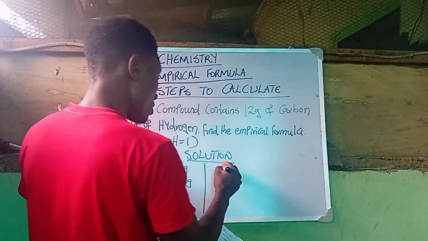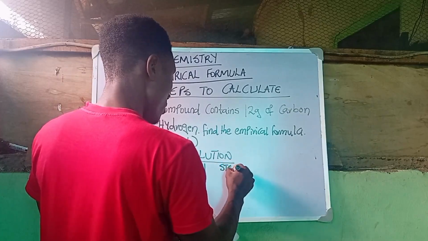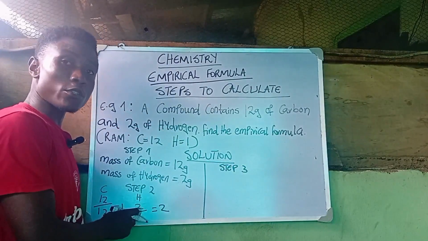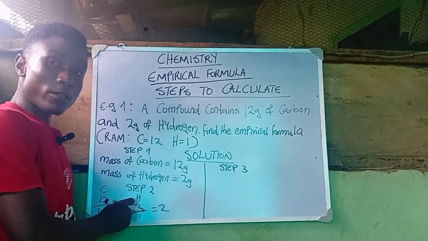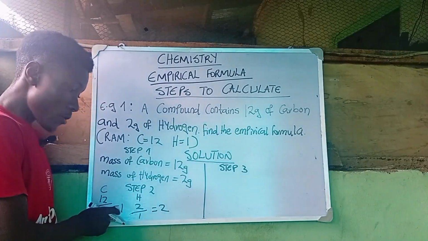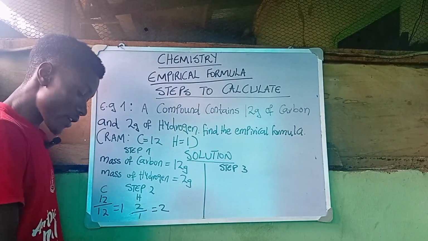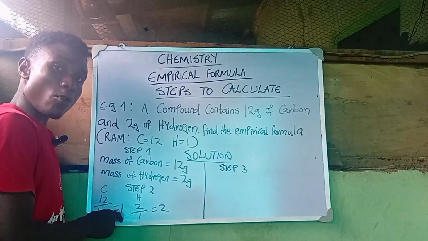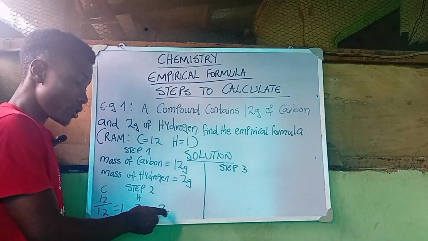So from here we'll move on to step 3. Step 3 states that you divide each of these values by the smallest value. In this case, the smallest value we have here is carbon, which is 1, the 12 divided by 12, because it's smaller than hydrogen, which is 2.